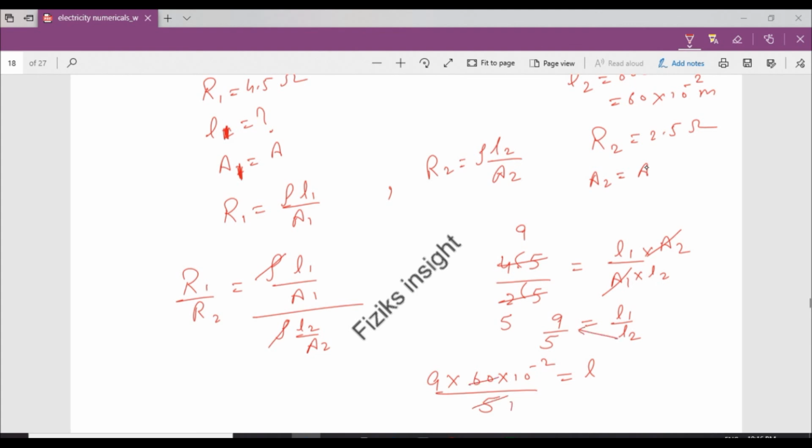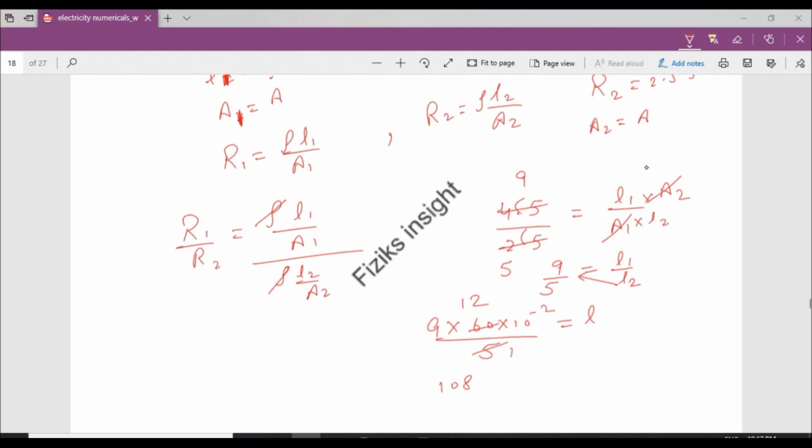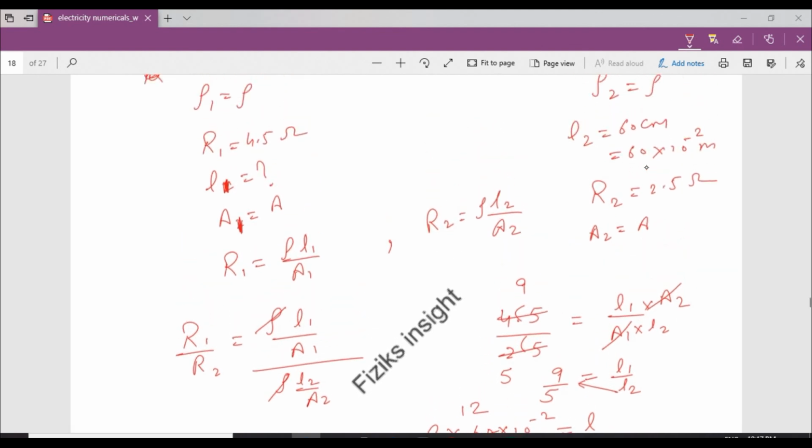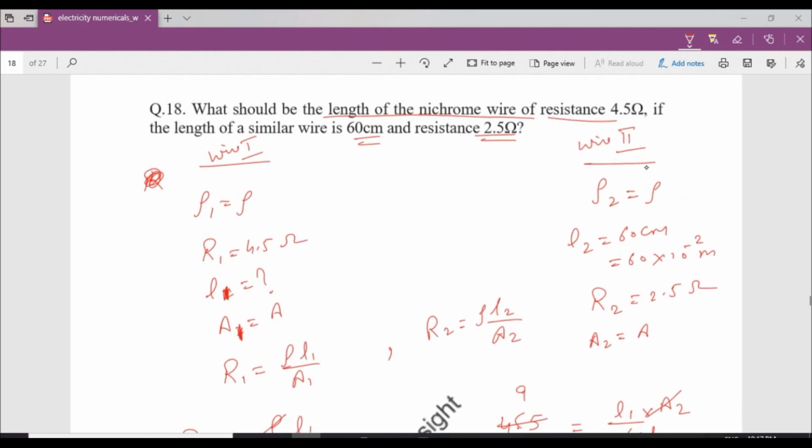So 5 1s are 5, 5 12s are 60 and 12 into 9 will be 108. 108 into 10 raised to power minus 2 meters is equal to L1, or you can say 1.08 meters. Okay, so your first wire has length 1.08 meters, or you can say 108 centimeters.